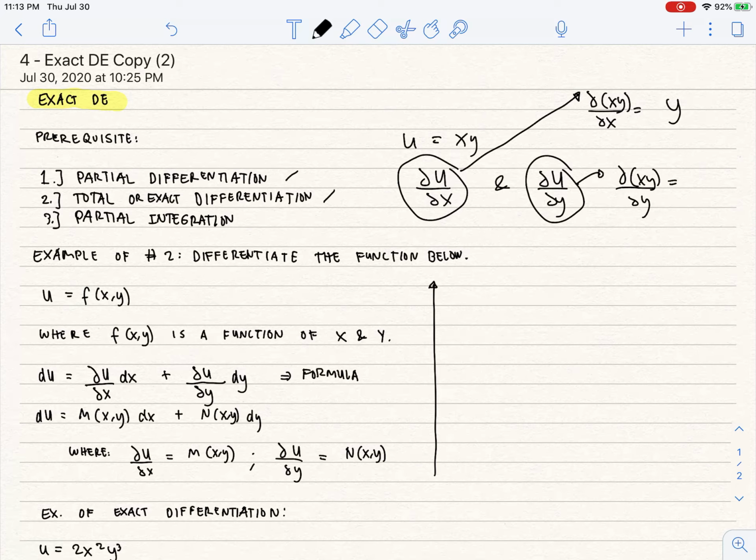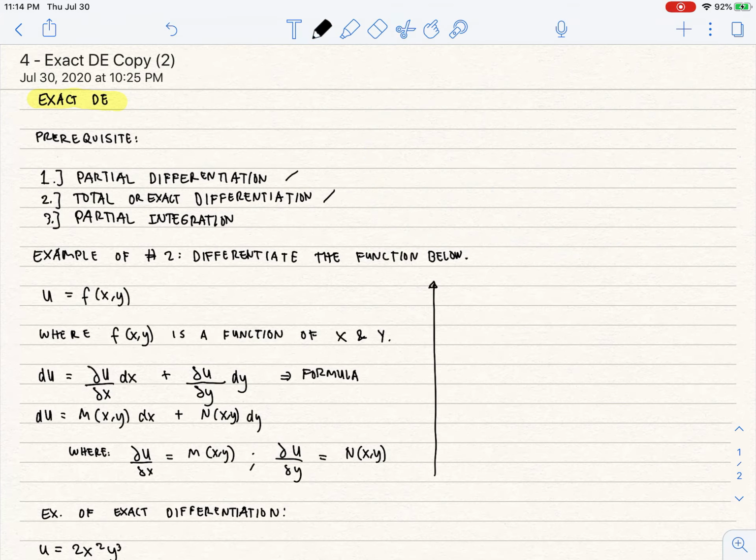So ang atong i-differentiate ani kay kaning y. So the derivative of y with respect to y is just 1, then multiplied by the constant, which is x. So ingana ang partial differentiation. Ang total differentiation is somewhat similar with the partial differentiation, pero lahi lang ang formula. Okay?